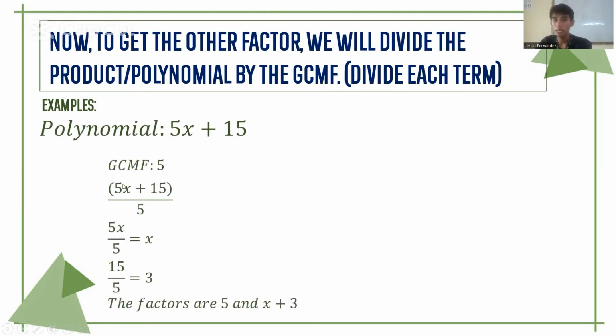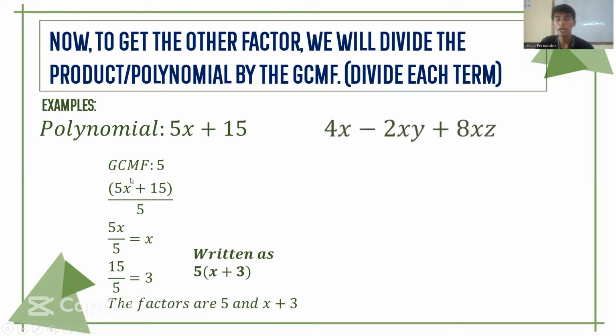GCMF ay 5, i-divide natin. 5x plus 15 divided by 5. So, una ito, 5x divided by 5 is x. Kasi makakancel to. 15 divided by 5 is 3. So, the factors are 5 and x plus 3. Written as 5 times x plus 3. Saan galing yung plus? Ayun po, nanggaling po sa ating polynomial.